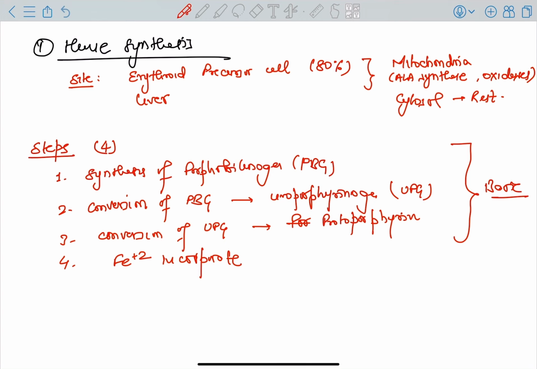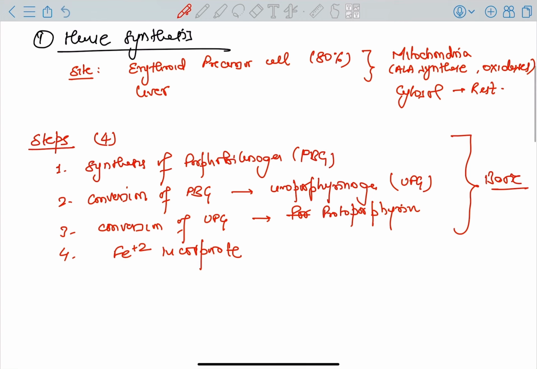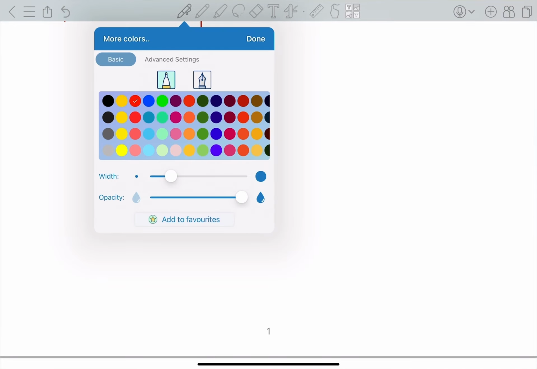Now, in detail, let's see how all the steps take place. It starts with succinyl coenzyme A plus glycine.